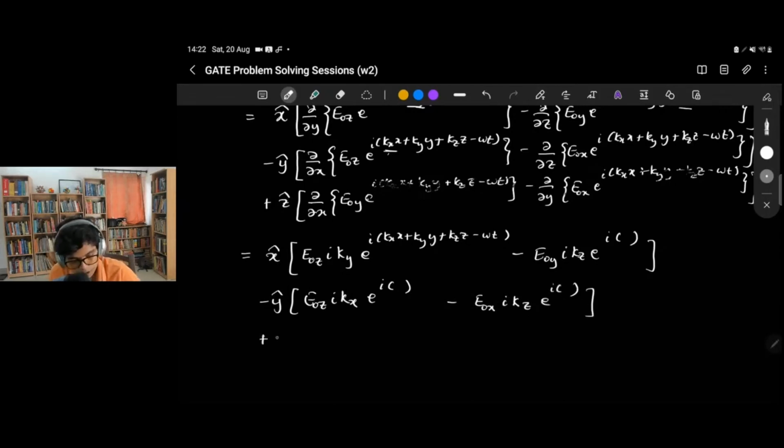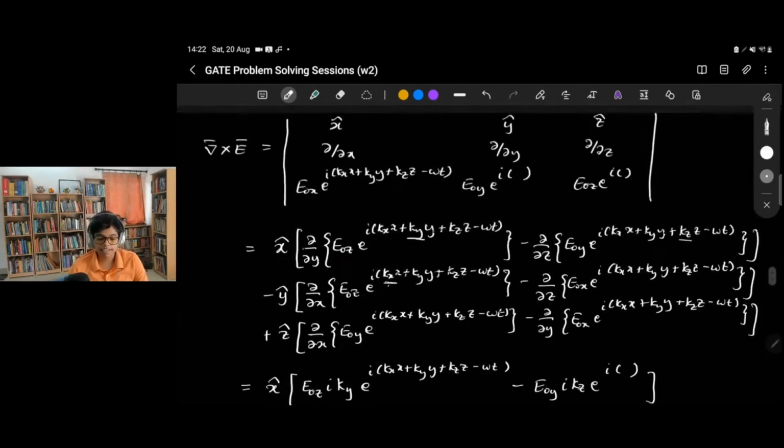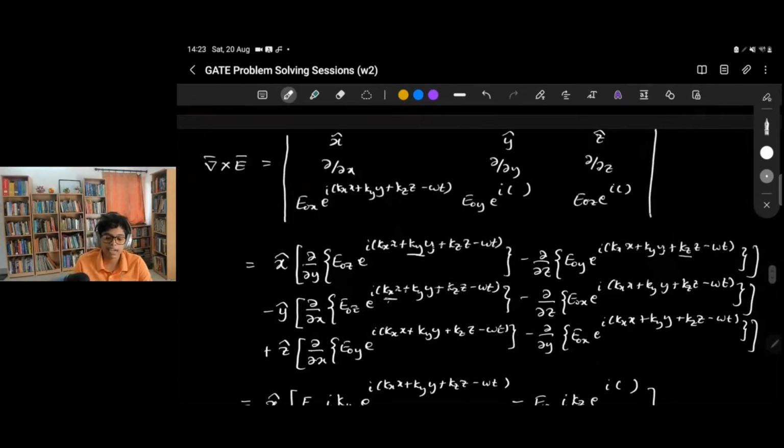Finally, for the z cap term, now if you notice, you take i common out from these terms, and what remains inside is nothing but k cross E.